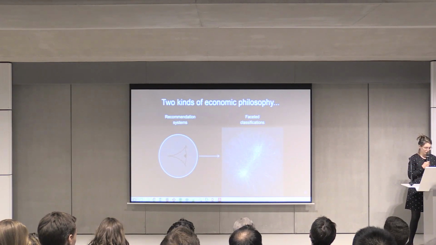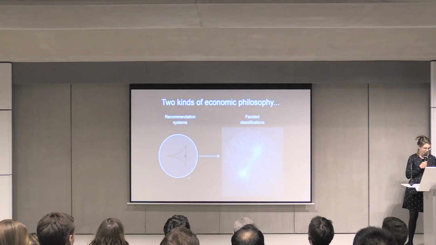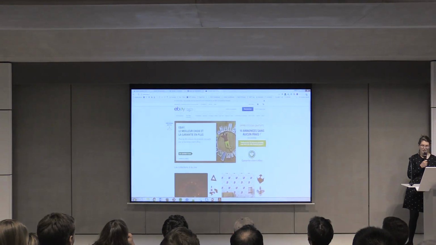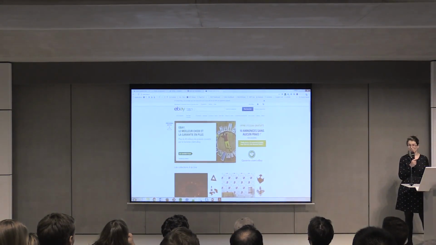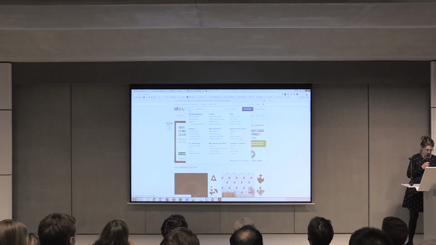So basically, if I show you the eBay website, I'm going to try to do that. You have that kind of faceted classification. You might know about it. So I look at the categories, and you can refine your search by browsing through categories.